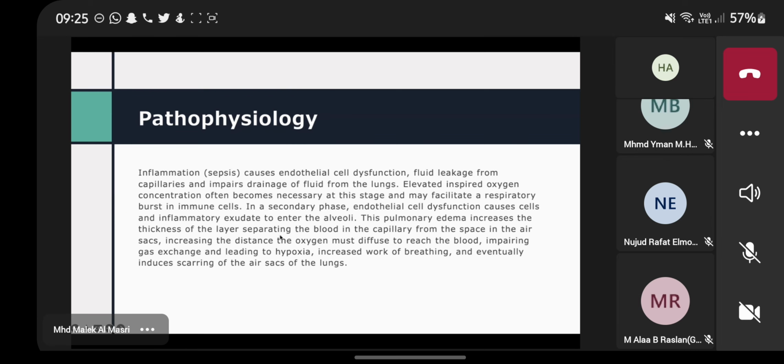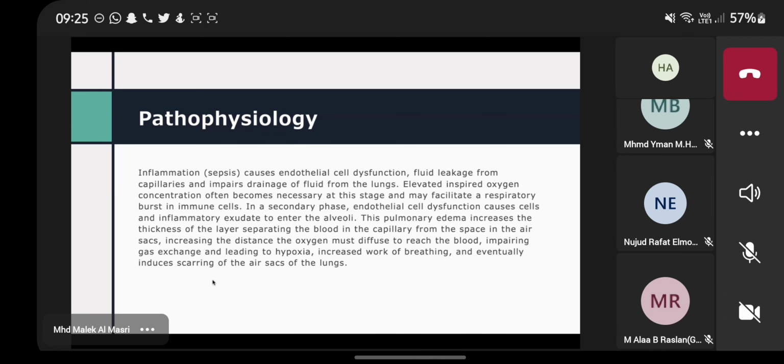What would happen next is called a respiratory burst in immune cells, which is basically when they release superoxide and all the reactive oxygen species, which would cause an inflammatory reaction. And in the secondary phase, the endothelial cell dysfunction would cause inflammatory exudate to enter the alveoli.